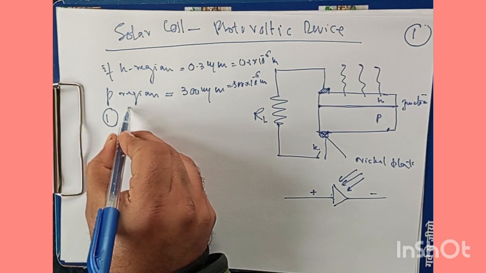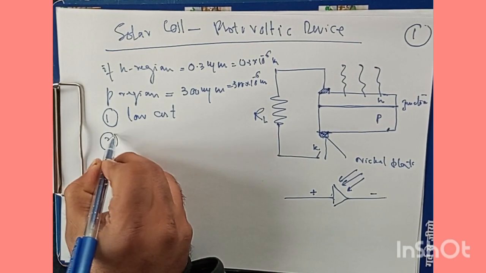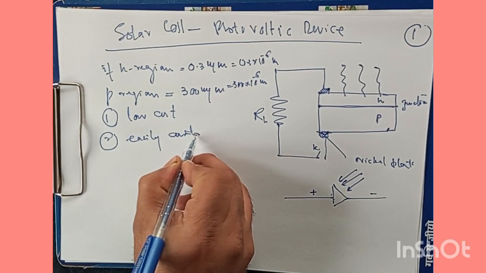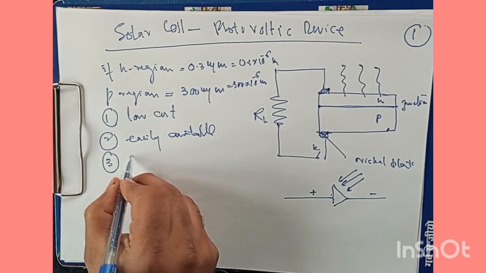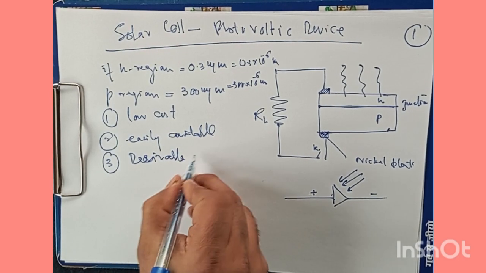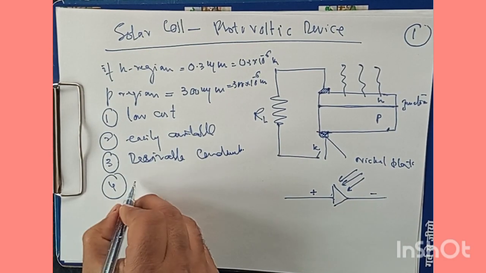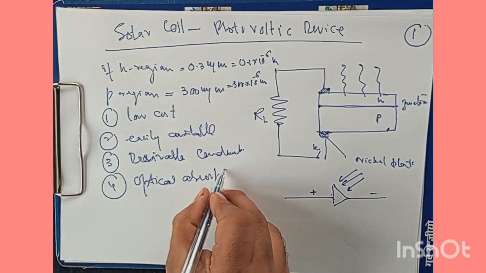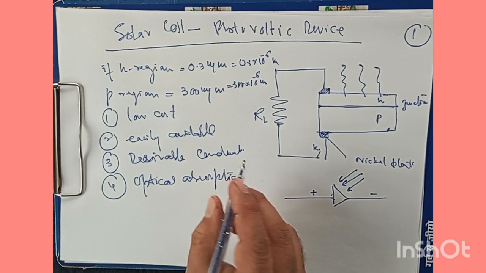So to be precise, the material that we use should be low cost, right, and should be easily available, right, and the conductivity should be desirable conductivity, right? Optical absorption, that means the absorption of the energy that's coming from the sun, should be very large.